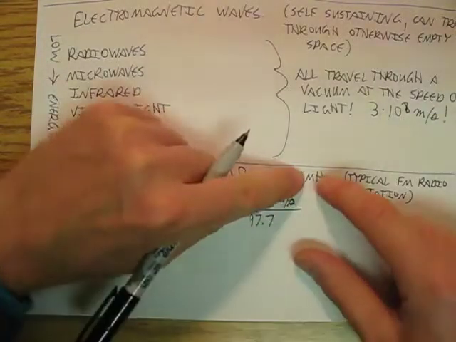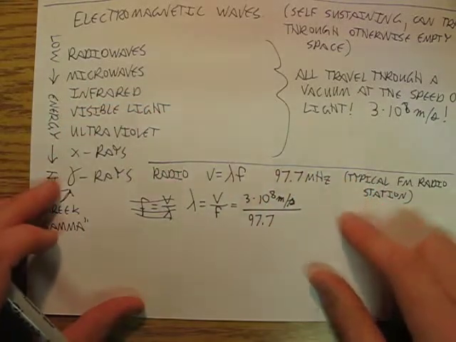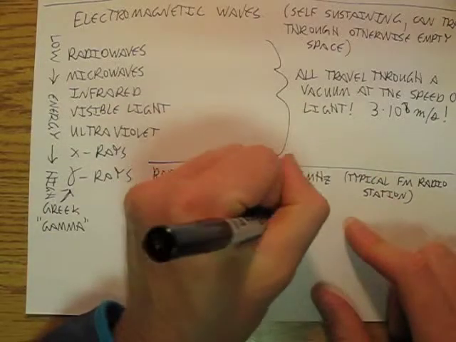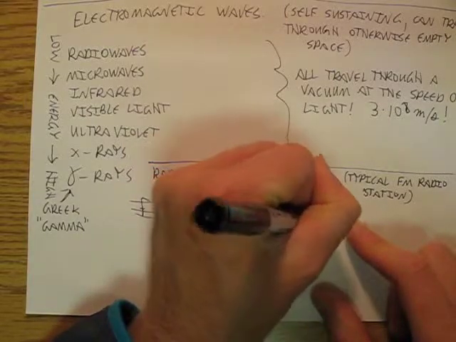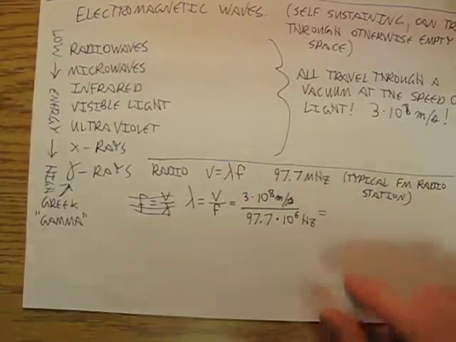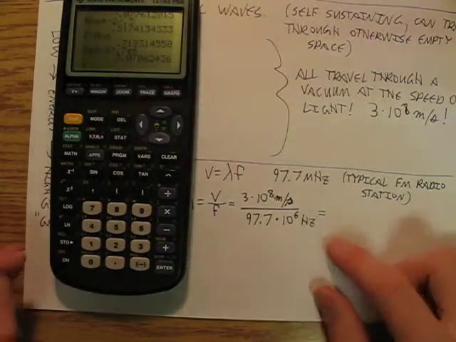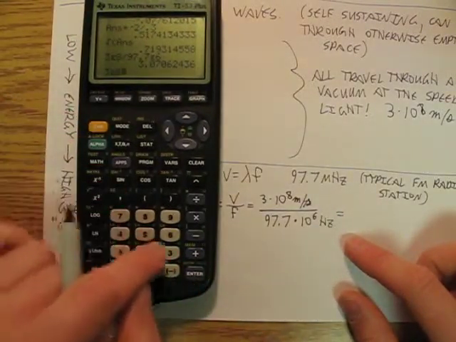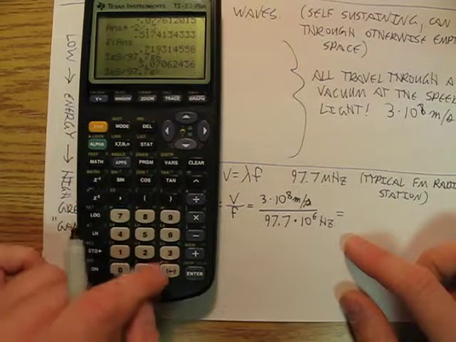97.7. Now what does that capital M mean? Well, that capital M is an SI prefix, which you guys should know, which is mega, and so mega is 10 to the 6 hertz. And so I'm going to get that the wavelength of that is going to be 3 times 10 to the 8th divided by 97.7 times 10 to the 6th.